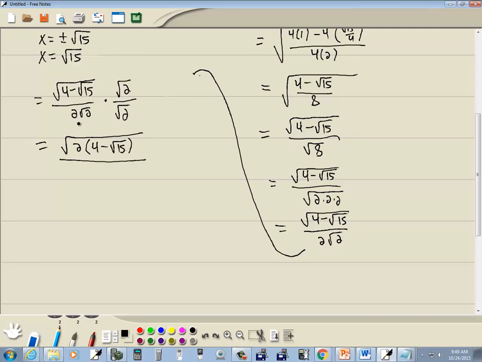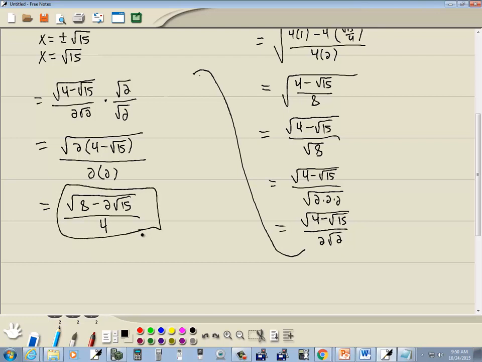On the bottom, that 2 remains, and then square root of 2 times square root of 2 gives us 2. I'll go ahead and multiply the 2 through. So 2 times 4 is 8, minus 2 square root of 15, over 4. And that would be our answer.